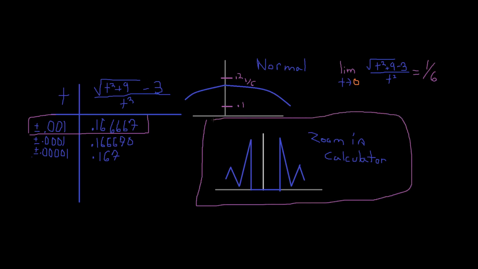So let's say I kept plugging in numbers smaller and smaller into my calculator. Let's say I plugged in 0.000001 into my calculator. What do you think that'll give me? That'll give me 0.